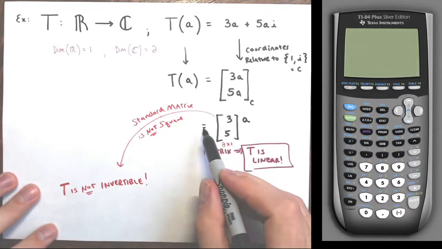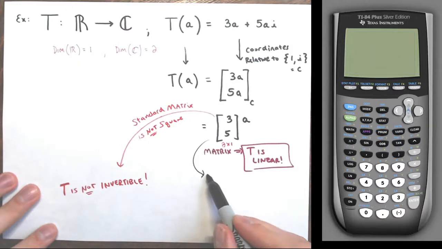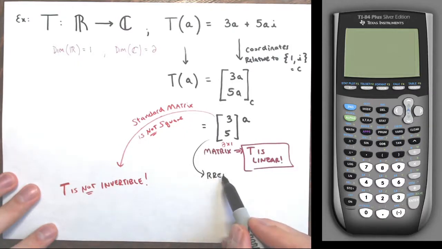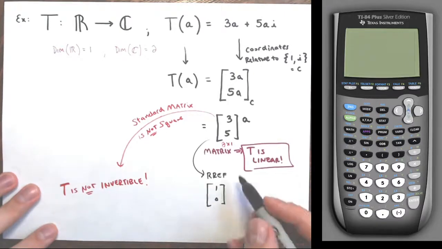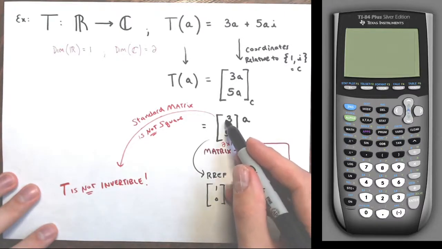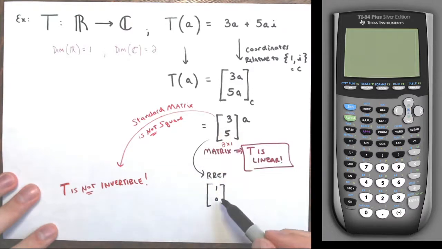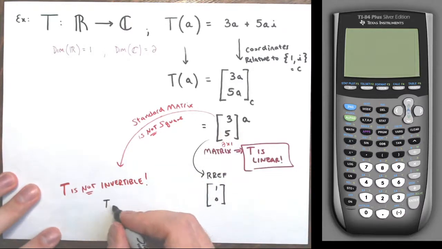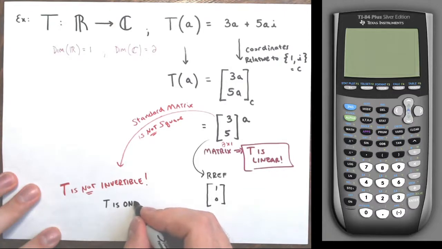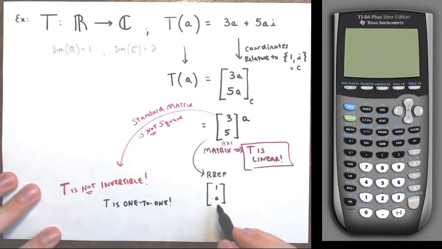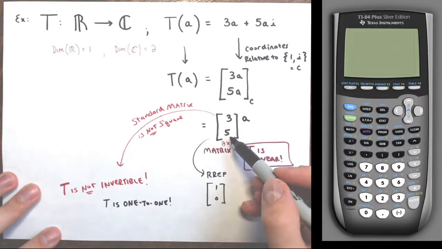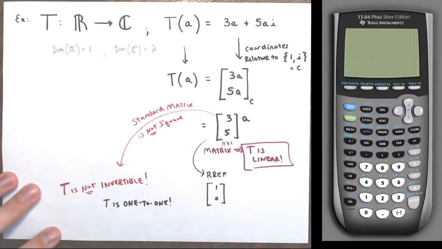But again, if you didn't check that, if you wanted to put this standard matrix into echelon form or reduced row echelon form, this one would be very simple. It would just be this matrix here; multiply that by a third, and then times -5 plus the second row. So we'd see that T is 1-to-1. If you look at this, the only column in it is a pivot column. Obviously, a single column vector is going to be independent, so definitely 1-to-1 this transformation is.